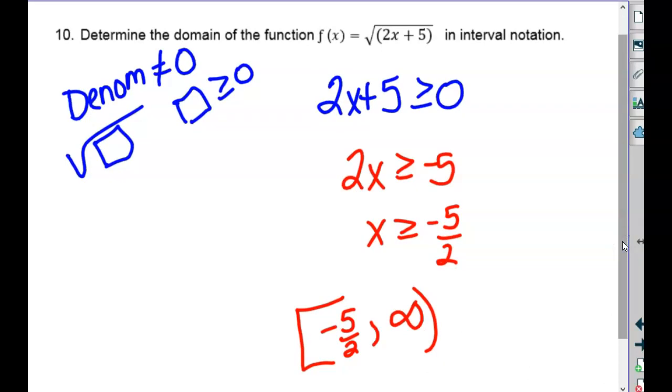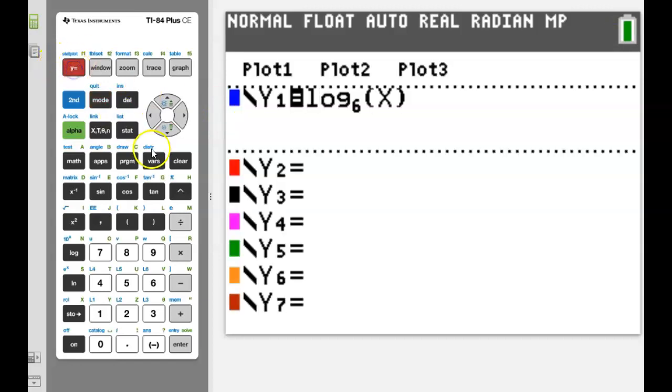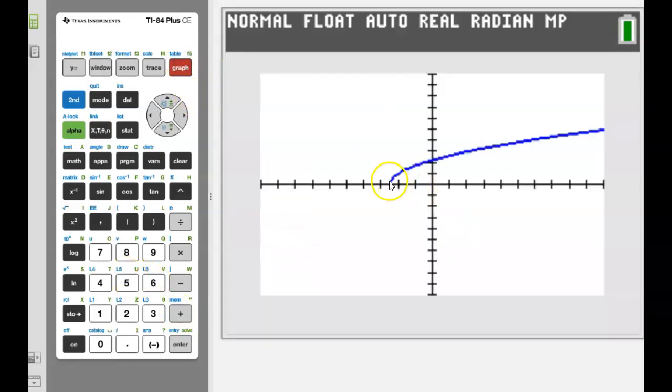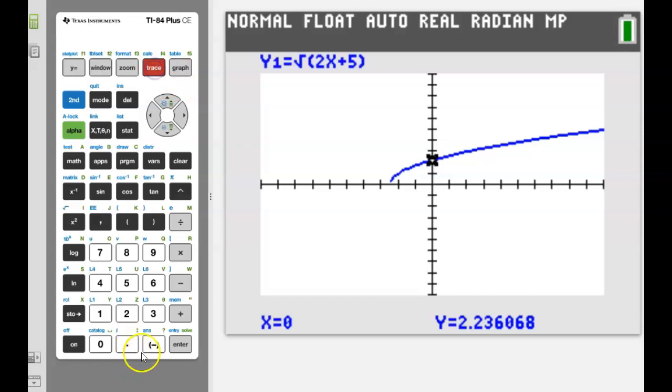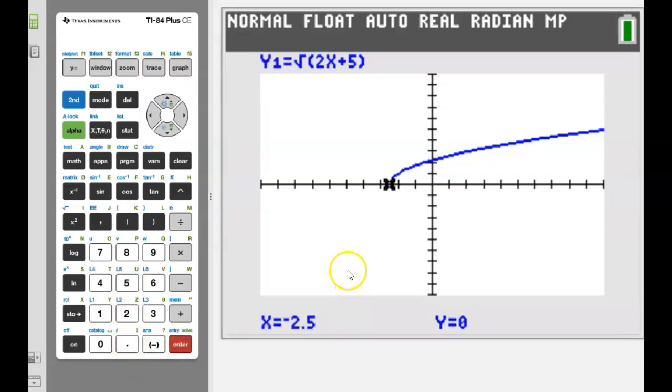Yes, no, maybe. If you graph that, you might be able to get there. It's the square root of 2x plus 5, is that right? You just have to figure out that it actually can equal negative 5/2.